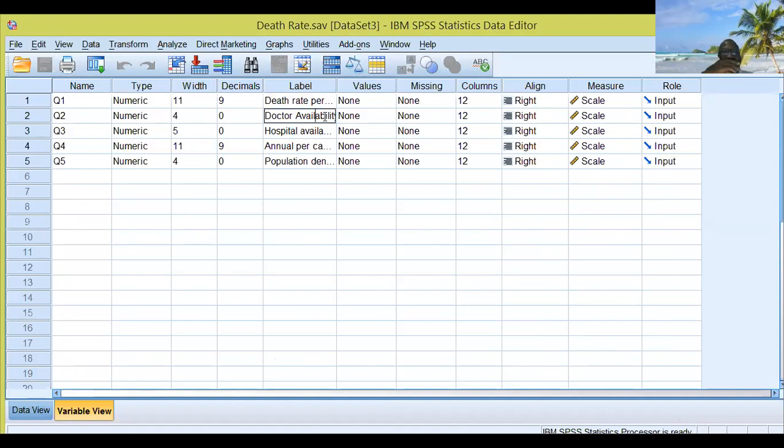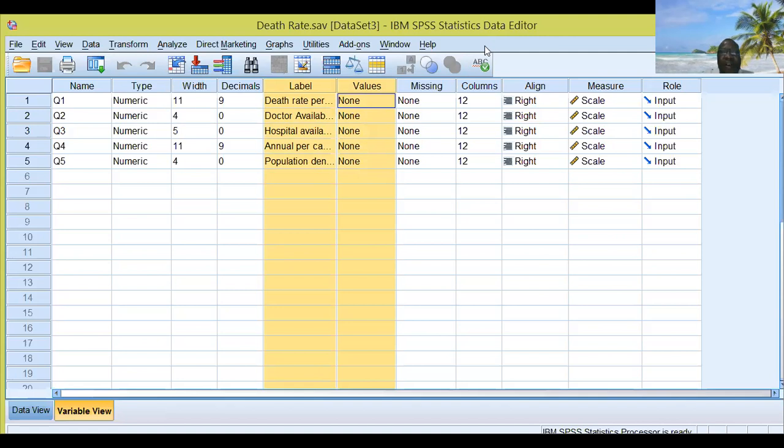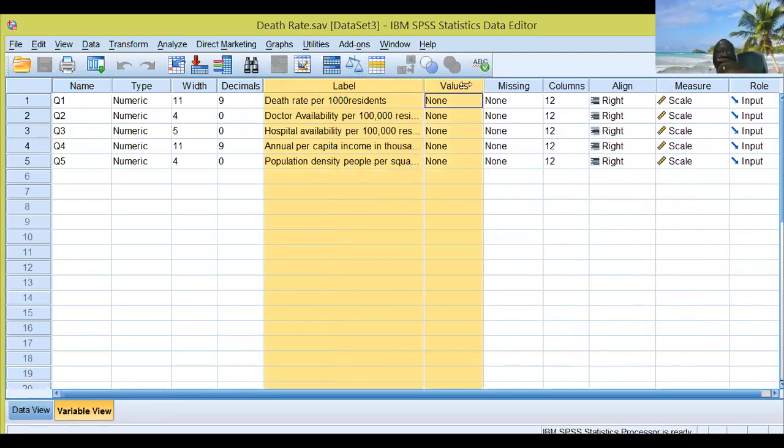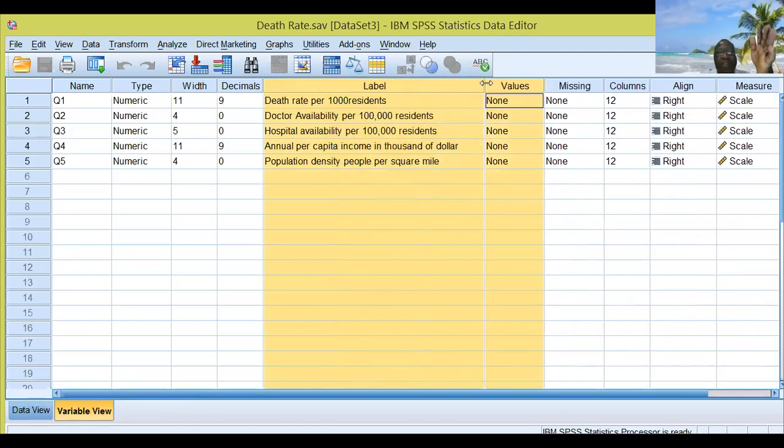Expand that label space so that people can see what is written there. Drag it to the right. Then hospital availability. Can you see? It's okay now.